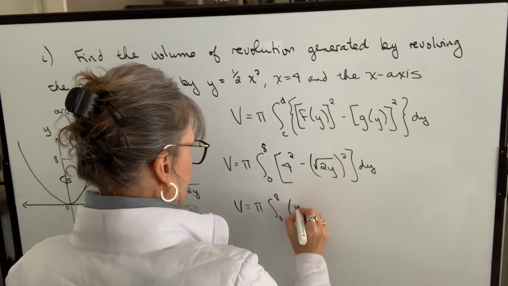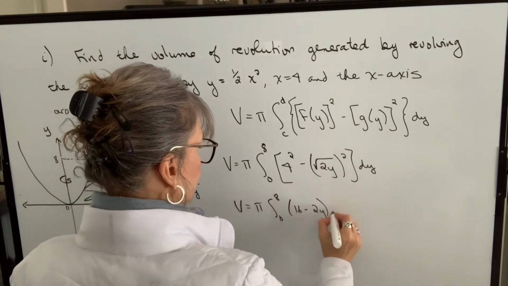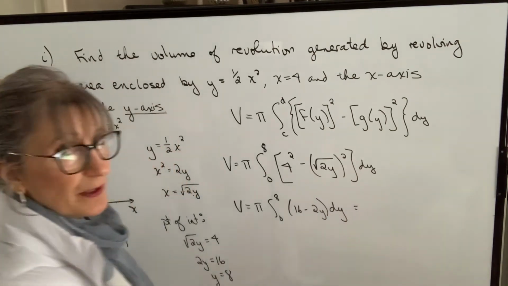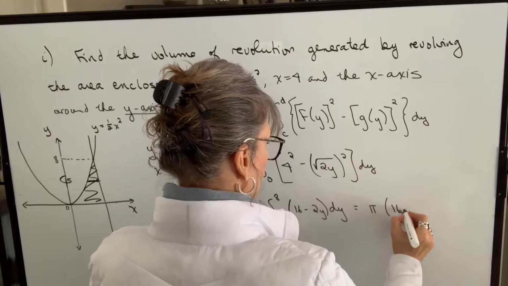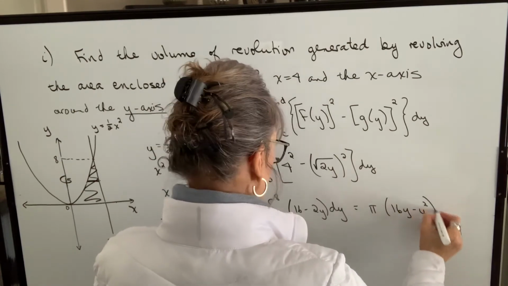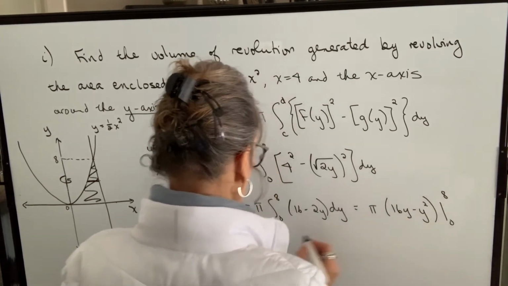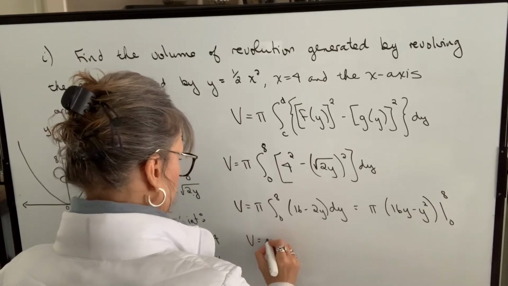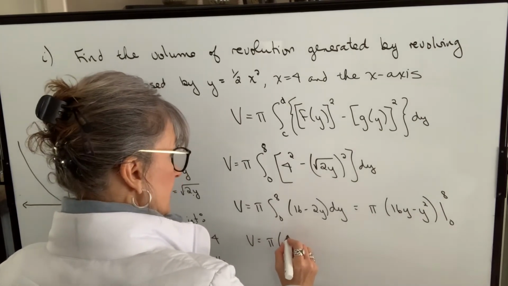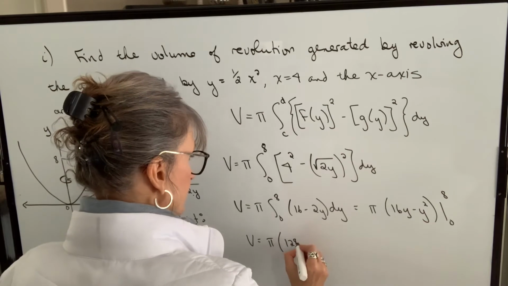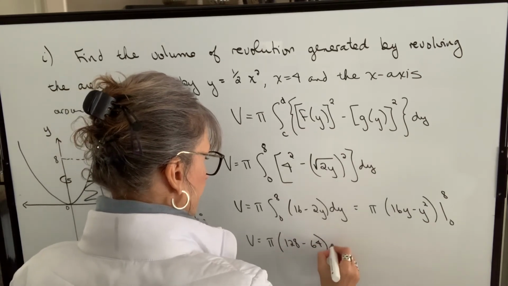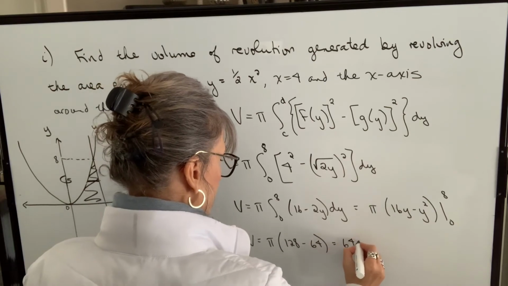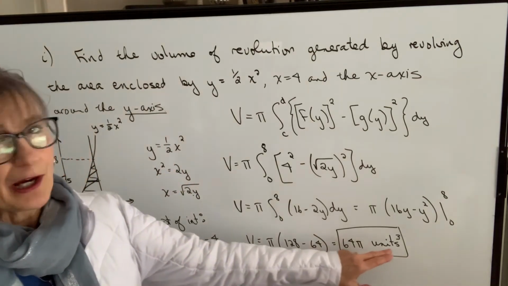So that will be 16 minus 2y. And now that it's simplified, we can integrate. So that will be pi times 16y minus y squared. Then we evaluate it. 16 times 8 is 128, minus 8 squared is 64. So our volume will be 64 pi cubic units.